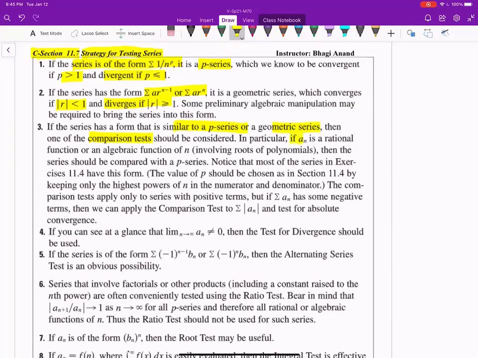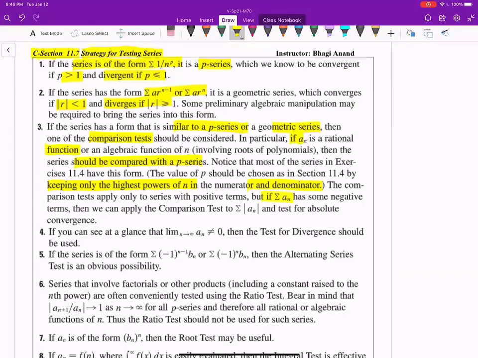If a_n is a rational function, a polynomial over a polynomial, then the series should be compared with a p-series. To do so, we create the series to compare to by looking at the given series and taking the highest power of n in the numerator and the denominator. Then it will turn out to be a p-series where p will be either greater than 1 or less than 1.